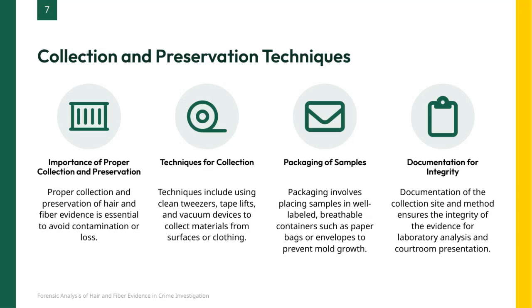When it comes to hair and fiber evidence, proper collection and preservation are absolutely crucial. If not handled correctly, there's a real risk of contaminating or even losing valuable material, which can compromise the entire investigation. To collect these samples, we rely on specific techniques, like using clean tweezers to carefully pick up fibers, tape lifts to gather evidence from surfaces, and sometimes vacuum devices to collect particles from clothing or other items.